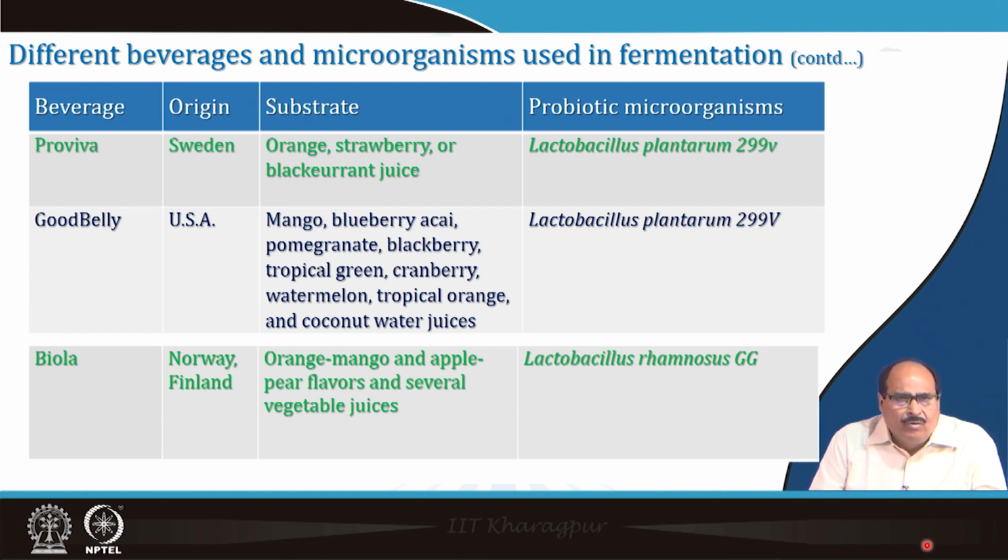In the USA, GoodBelly uses mango, blueberry, pomegranate, blackberry, even tropical orange and coconut water juices, and here the main microorganism is Lactobacillus plantarum. In Norway or Finland, Biola is the beverage prepared from orange, mango, apple or pear flavor, or even several vegetable juices. Here Lactobacillus rhamnosus is used.